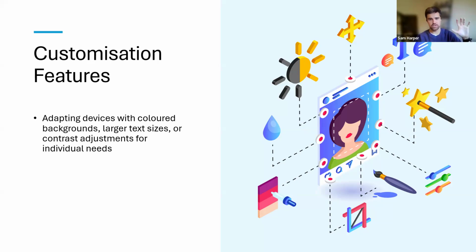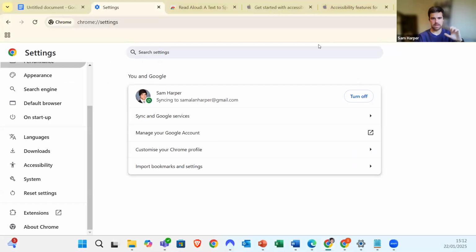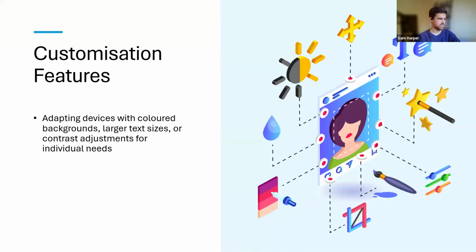So if you go to this slide deck, if you look at the notes beneath the slide, you'll see all the different technologies and devices available, the most popular ones, and I've put step by step how to access each of the accessibility features. But in most cases, you are just looking for the accessibility. So you go to settings, you look for accessibility.